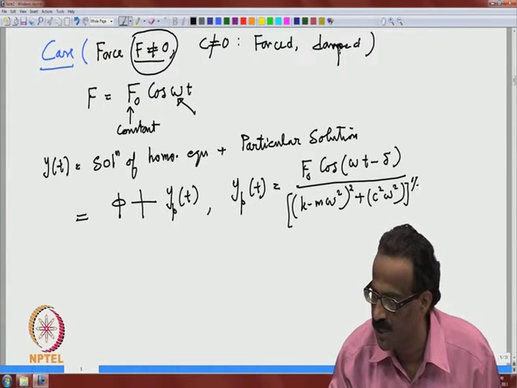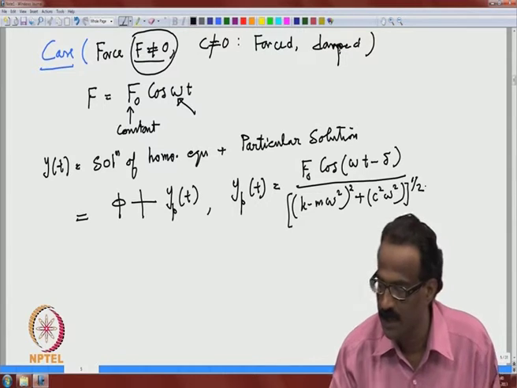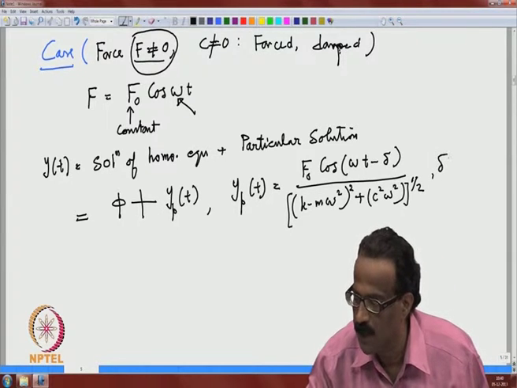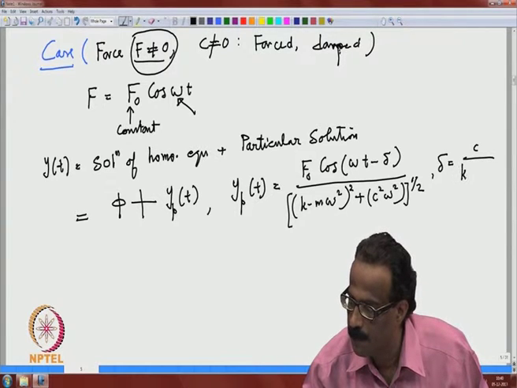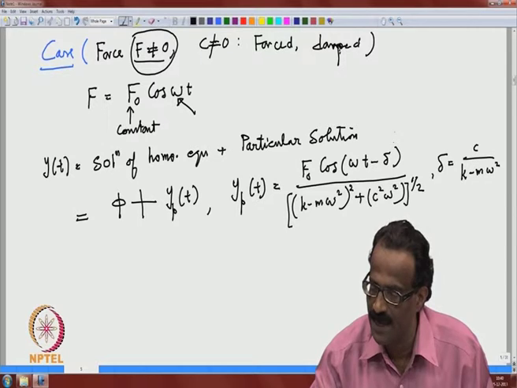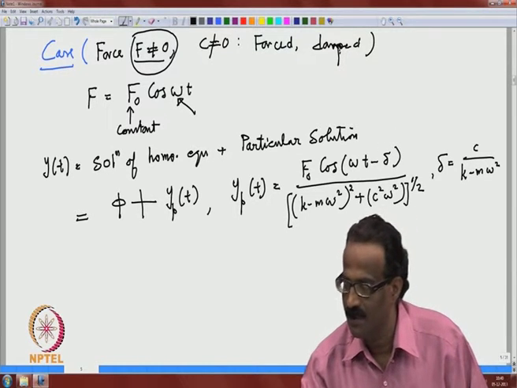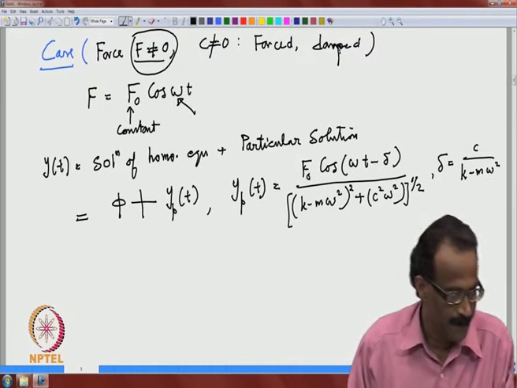I hope the computation is correct; anyway, you should do that. Where delta is, you can also write down, c omega by k minus m omega square. So, you can exactly calculate your phase using your external force here.